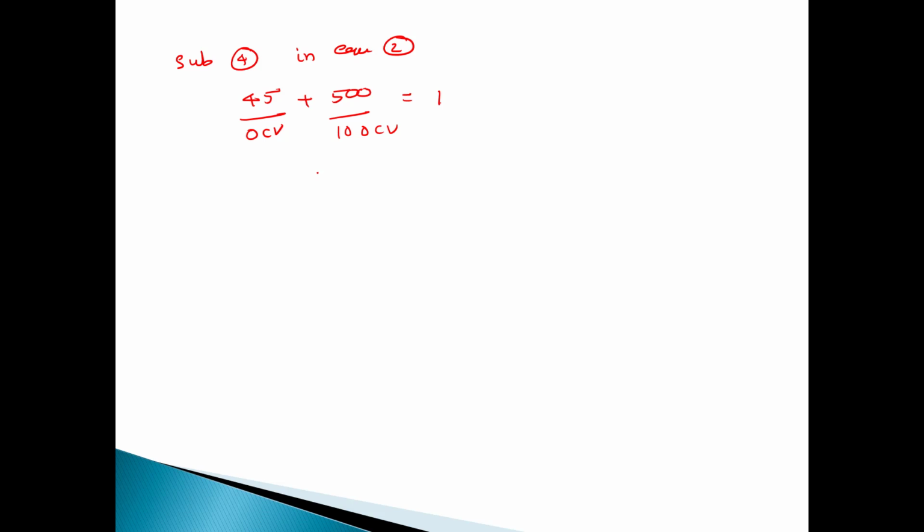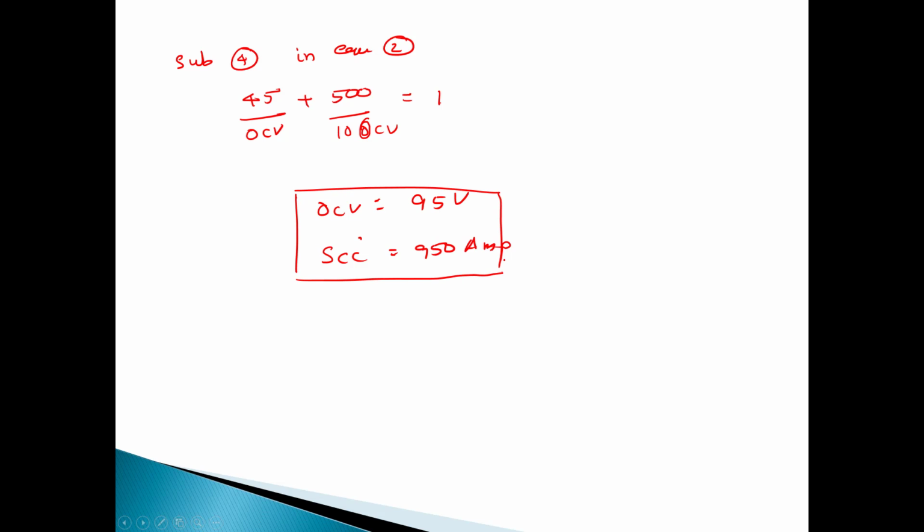While solving this, oh, this is not 100, this is 10. So from that we can get OCV equal to 95 volts, SCC equal to 950 amps. This is the answer.